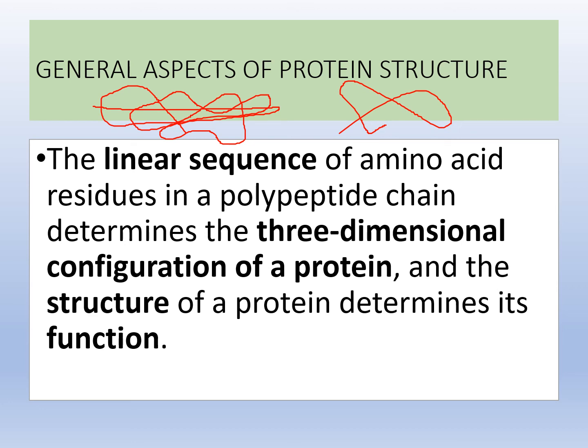For example, this amino acid can be able to form interaction with this amino acid. So, it folds. And then the next amino acid will be able to form interaction with this amino acid. So, it folds again, not apart.